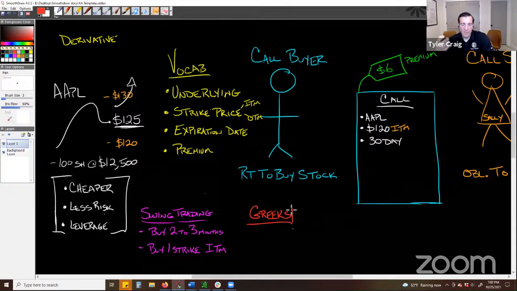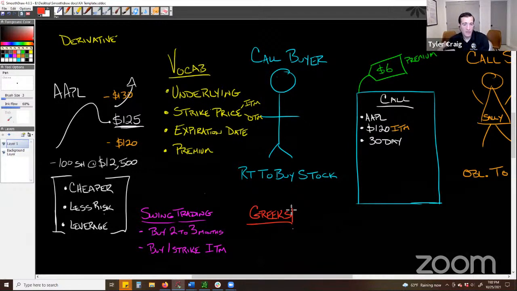Okay, so back in the 1970s, 1973, I believe, three mathematicians, Fischer Black, Myron Scholes, and Robert Merton, put their heads together. They created this pricing model. They called it the Black-Scholes model. And it was used to price options or derivatives. And there's specific pieces of information you need to price an option.